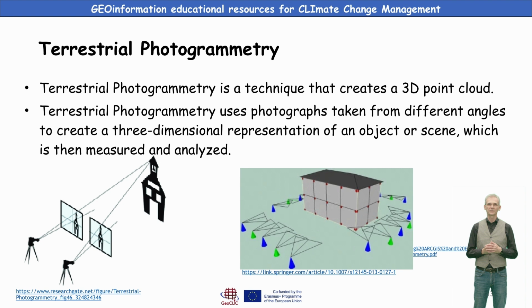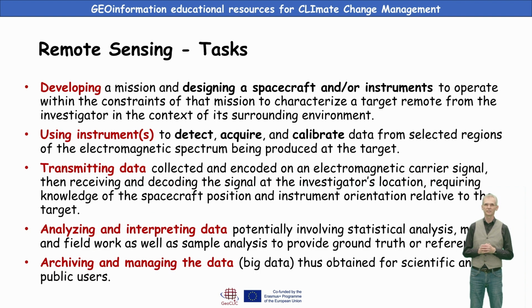The next technical tasks are the use of sensors for data collection and transmission of data collected by the sensor on the satellite to the ground station. The main task of remote sensing is the interpretation and processing of images and analysis and visualization of the results of that processing. Finally, the tasks are archiving and managing this data for scientific and public users.